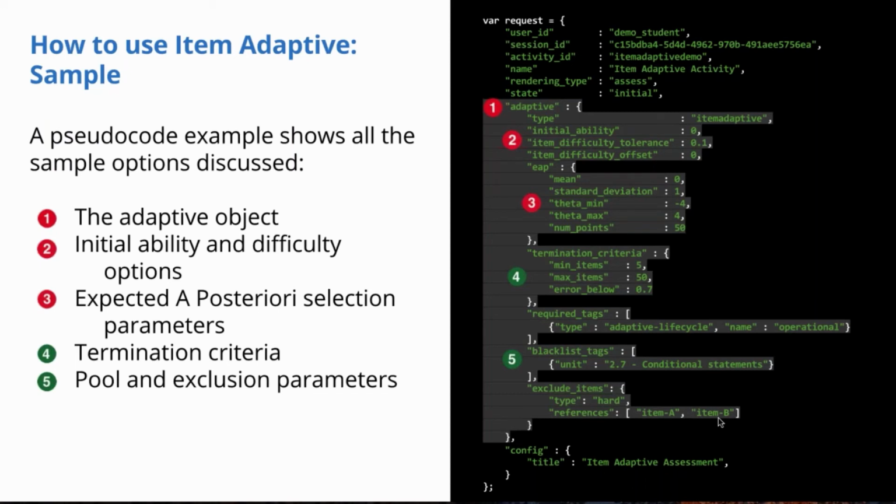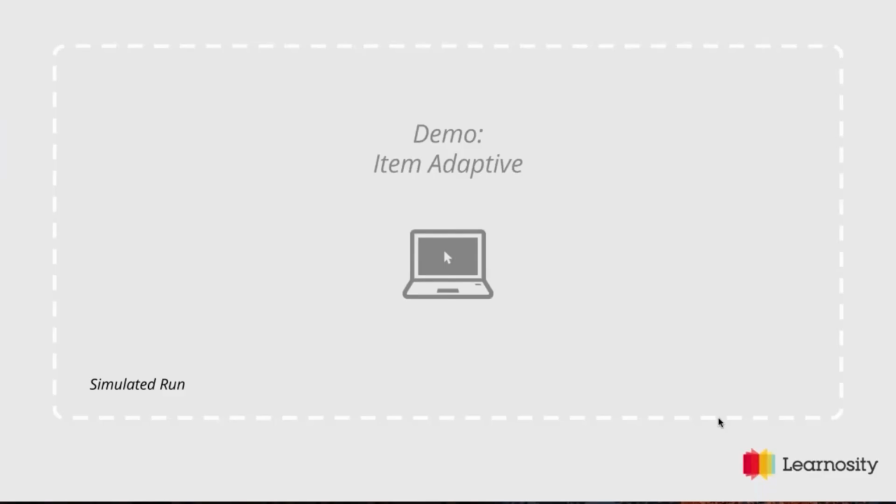So having set all that up that way, the student will go through the process and continue to be delivered items based on the difficulty level in the item selection algorithm, and we can demonstrate that for you now.